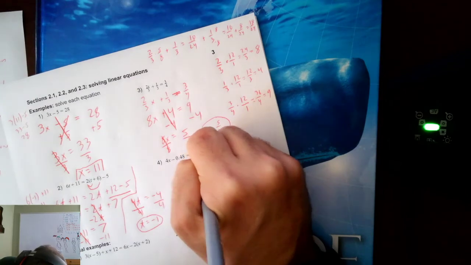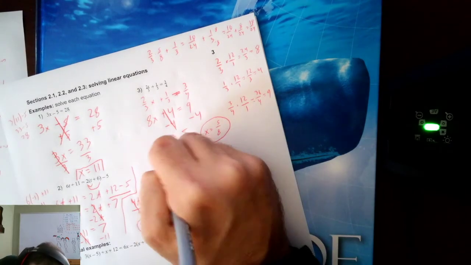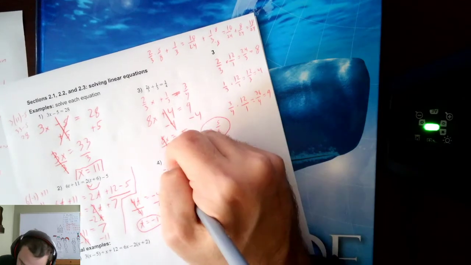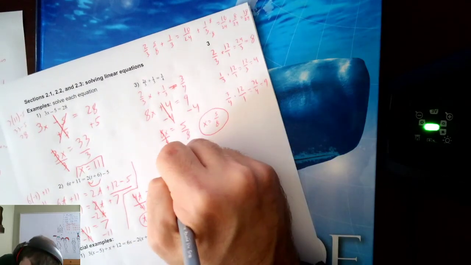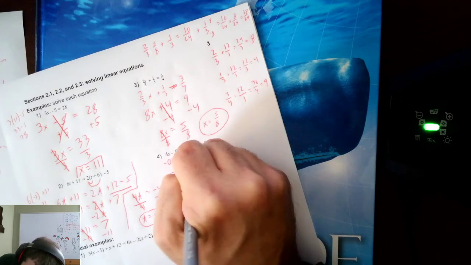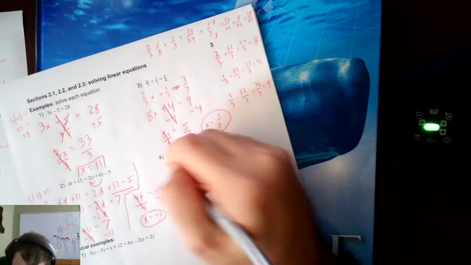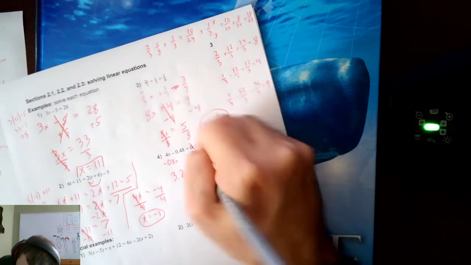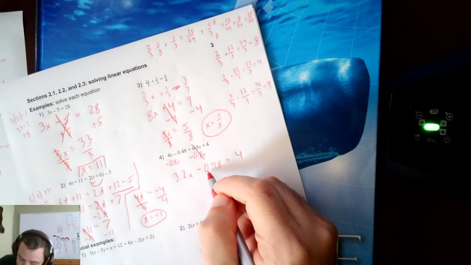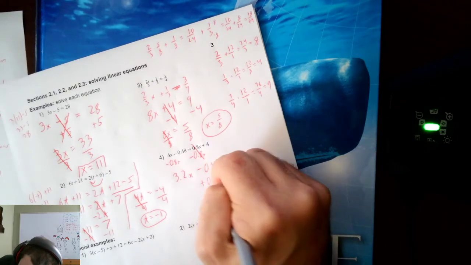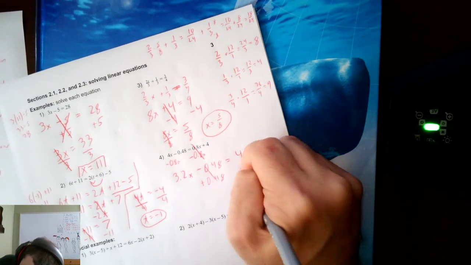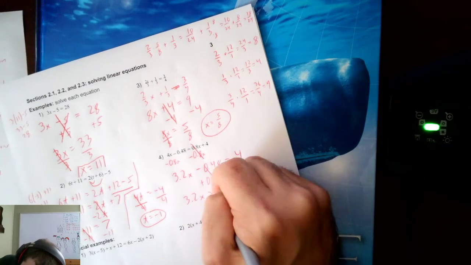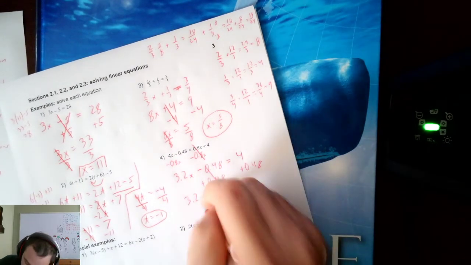Well, if I subtract 0.8x from this side and 0.8x from this side, they'll cancel here. 4x minus 0.8x is 3.2x. 3.2x minus 0.48 equals, over here, 4. Got to get this 0.48 to the other side. Add 0.48, add 0.48. Gives me 3.2x equals 4.48.